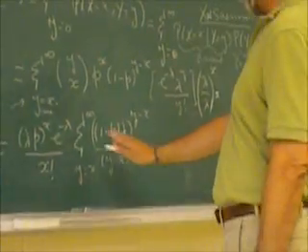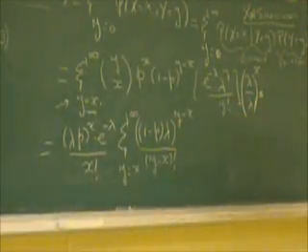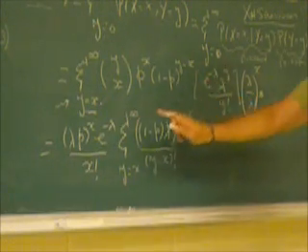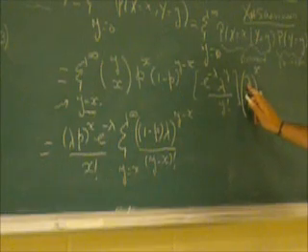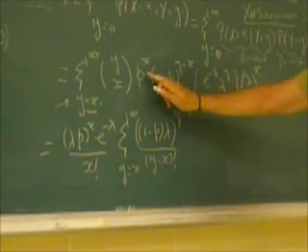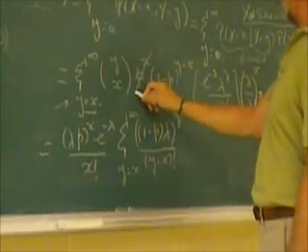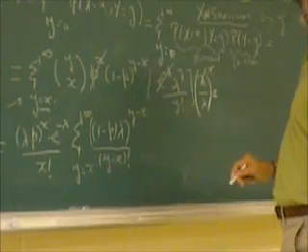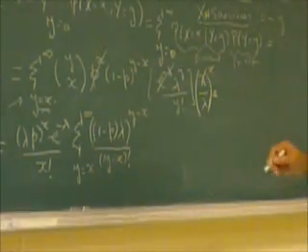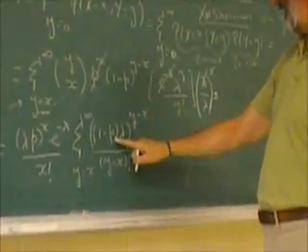Okay, let's see where we get this from. So, e to the minus lambda is here. Lambda p to the power x is here. So, e to the minus lambda is okay, here we have y minus x.